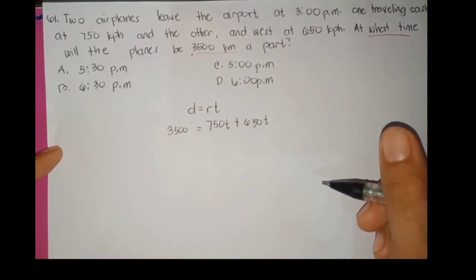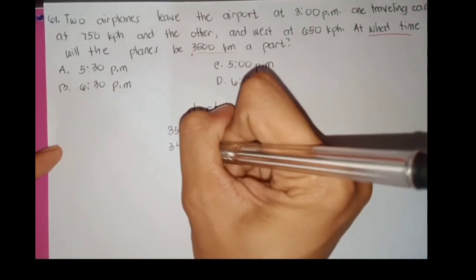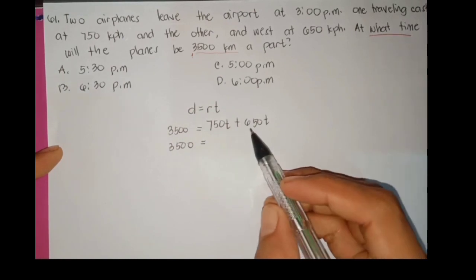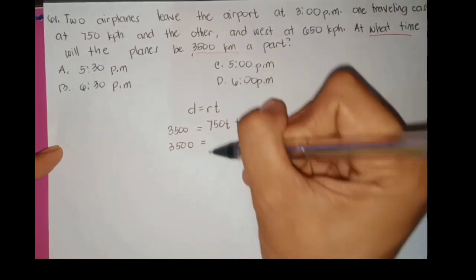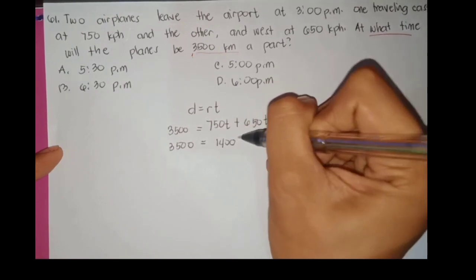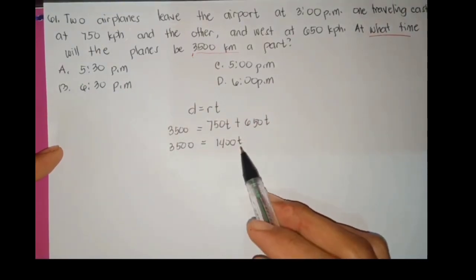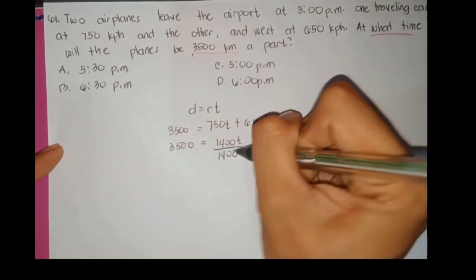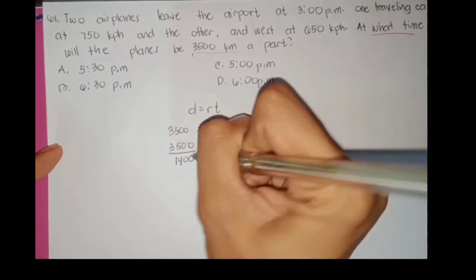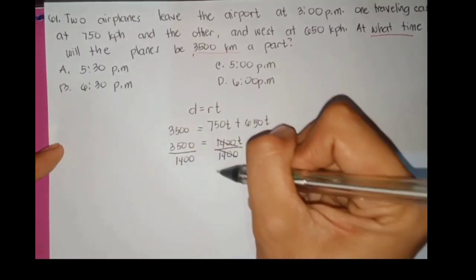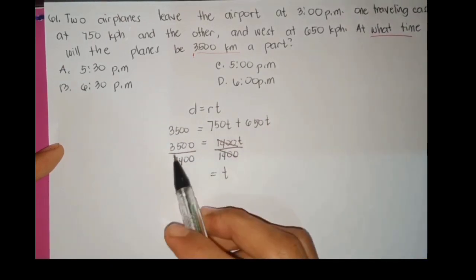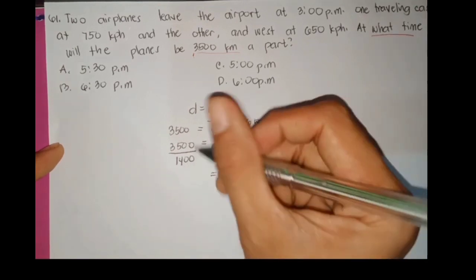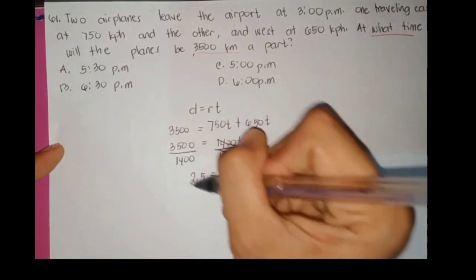Then simplify. We will now have 3,500 equals 750 plus 650 t, which is equal to 1,400 t. To solve for the value of time, we will just divide both sides by 1,400, then cancel. So our value for t, 3,500 divided by 1,400, is 2.5.